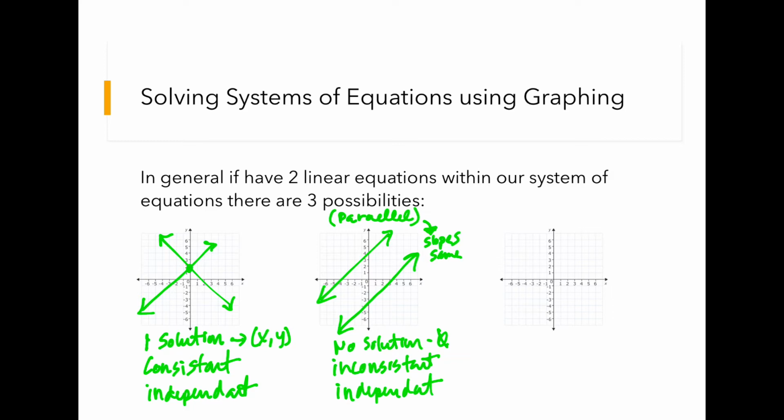All right, then we come to our last possibility. When we graph our equations, sometimes what we discover is that the two equations cross each other at every point because they represent the same equation. In this case, we have infinite solutions.